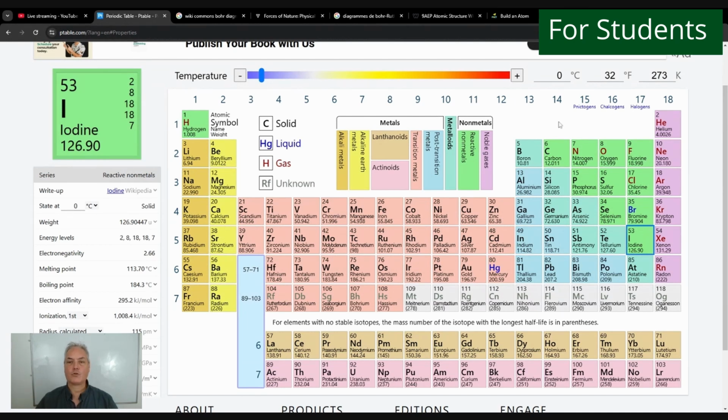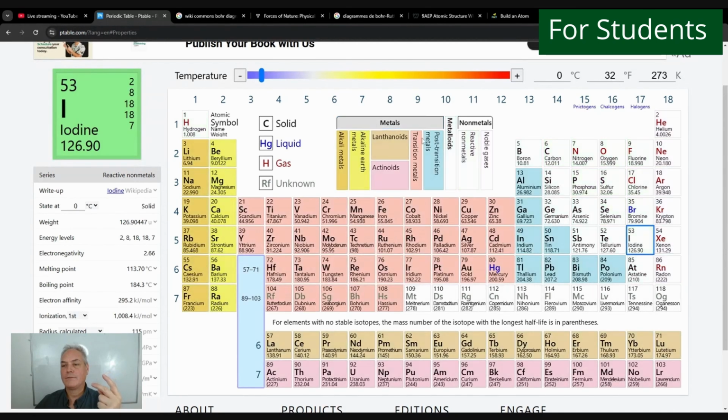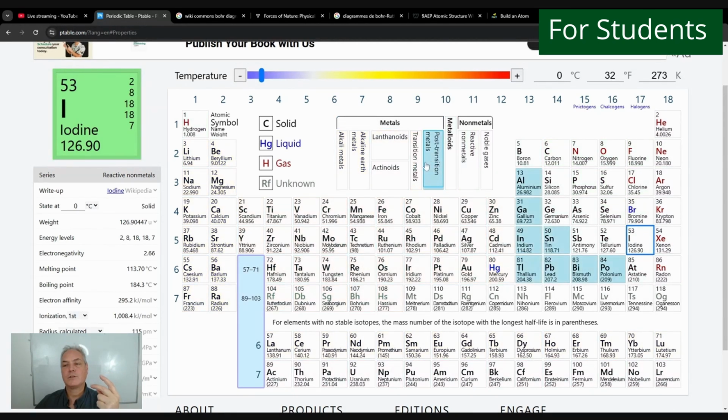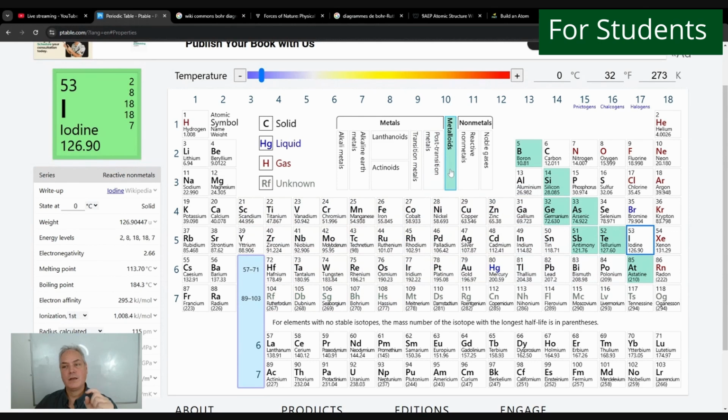So just a quick review: we have the alkali metals that we learned in grade 9, the alkali earth metals, and the transition metals, and I include the post-transition metals in the grouping of transition metals in grade 9. We have the metalloids, located between the metals and the non-metals, and we have the noble gases at the end.